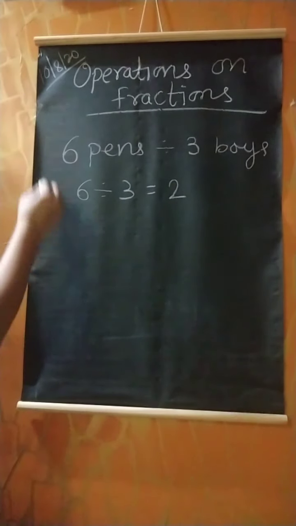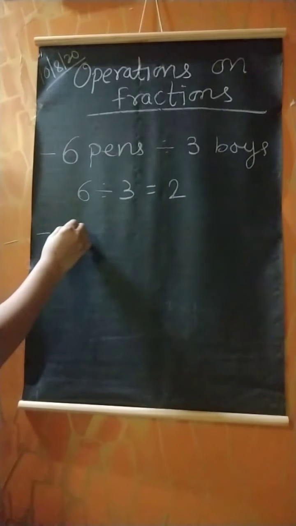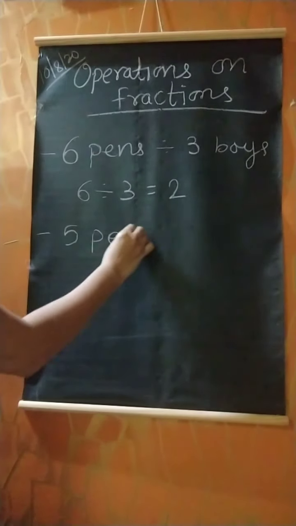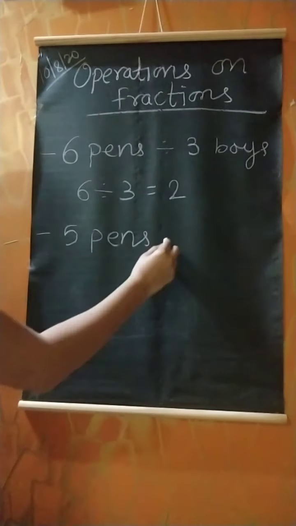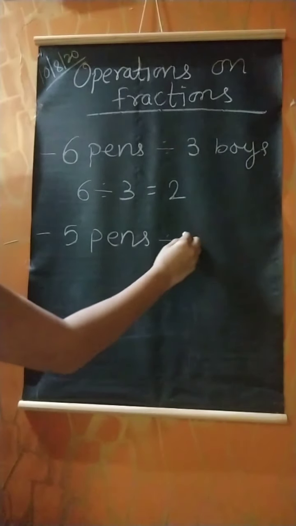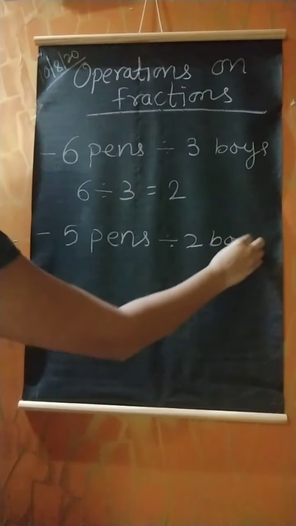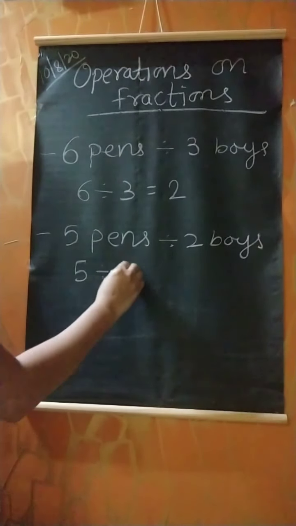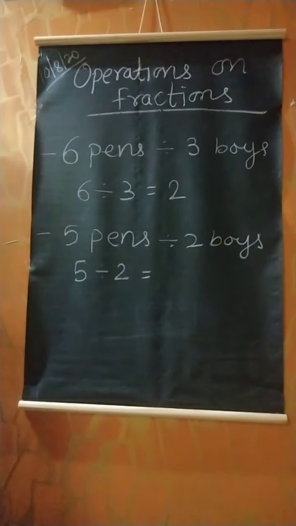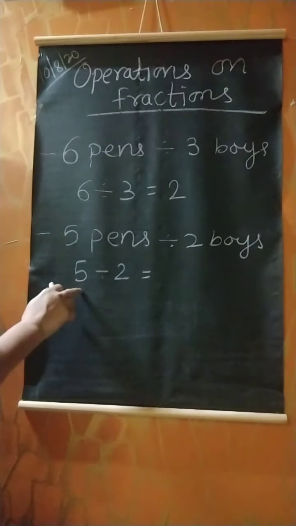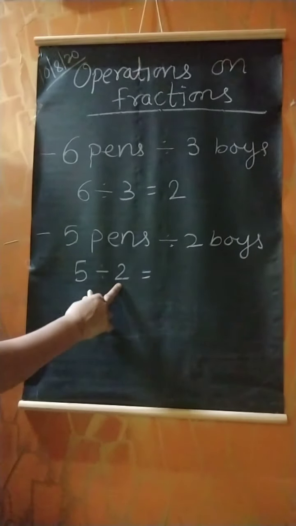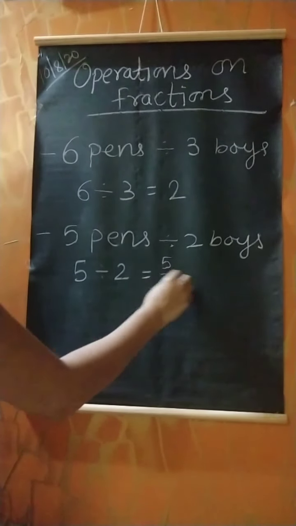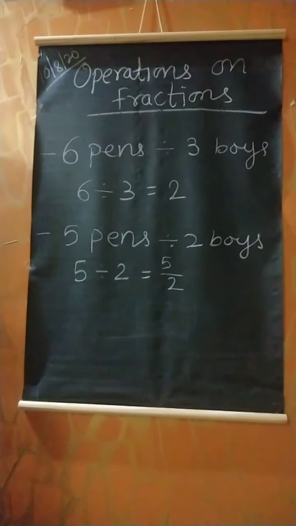But if I told there are 5 pens and we have to divide them among 2 boys, then 5 divided by 2. In this case, we cannot completely divide 5 by 2. So, we are writing it as 5 upon 2. And this is called your incomplete number, that is your fraction.